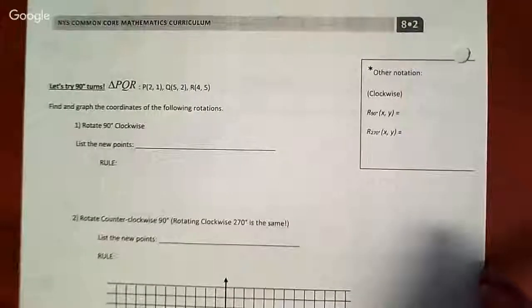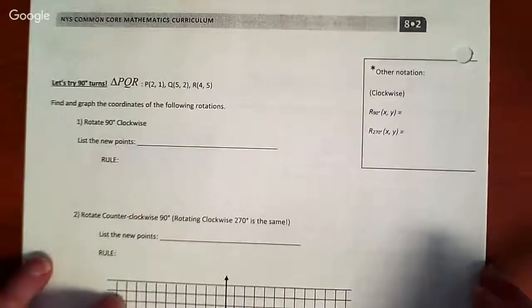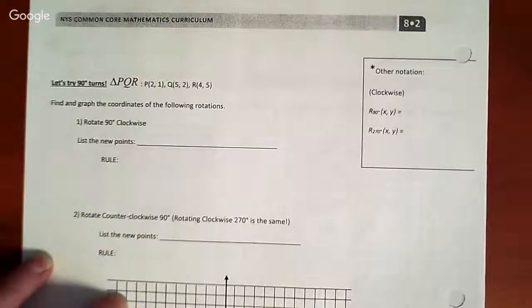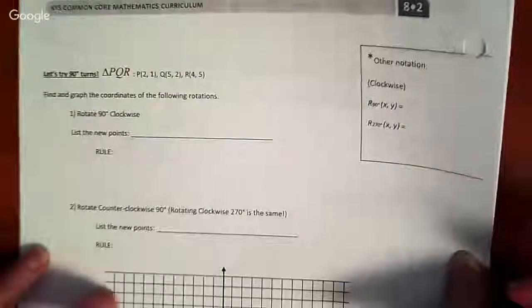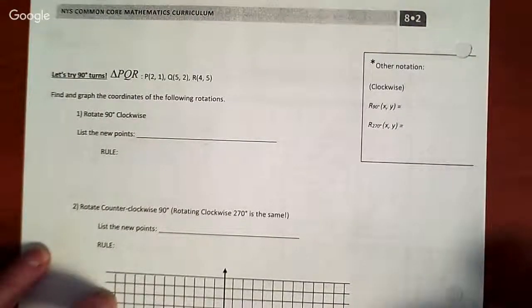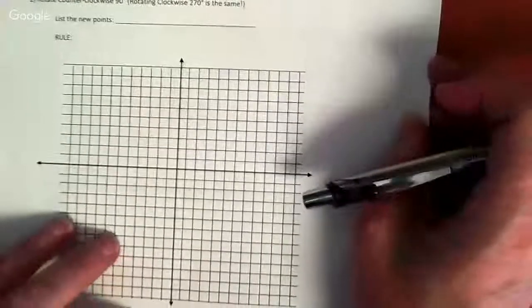All right, here we go. We're going to find and graph the coordinates of the following rotations. We are going to plot the triangle with the points 2, 1, 5, 2, and 4, 5. So let's do that first.